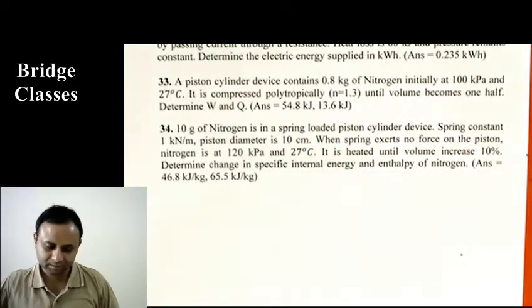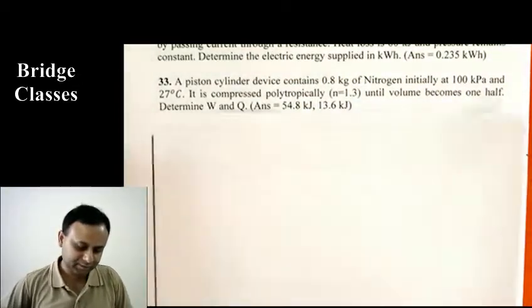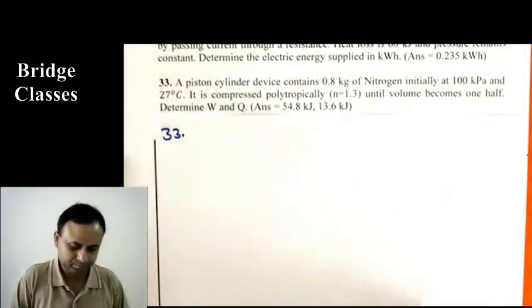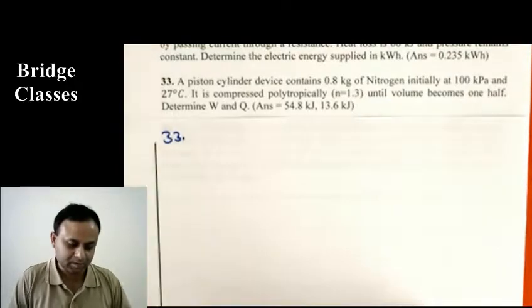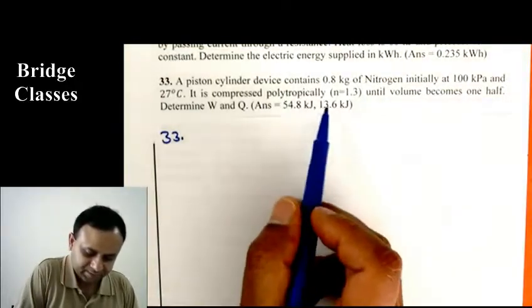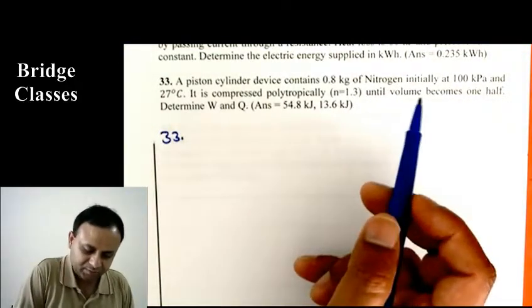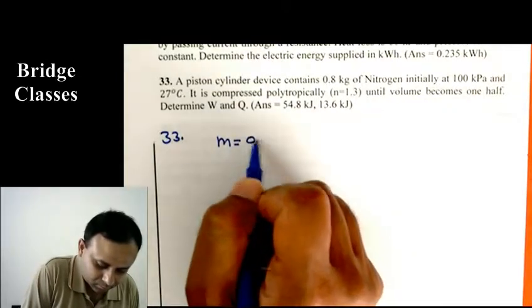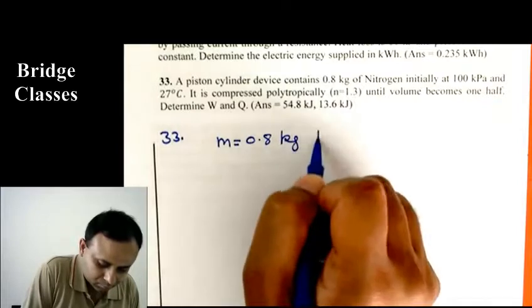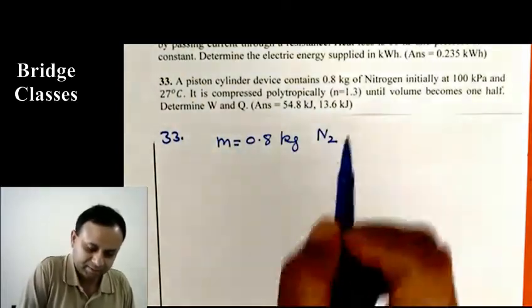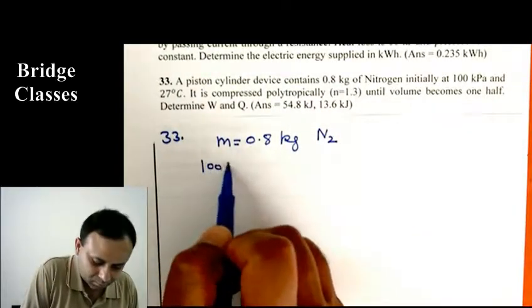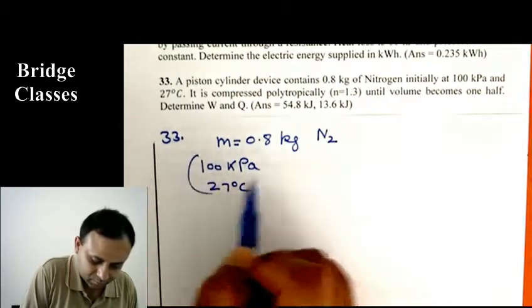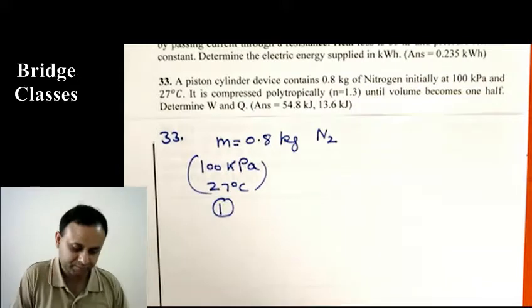Okay. Let us look at number 33. It says a piston cylinder device contains 0.8 kilogram of nitrogen at 100 kilopascal and 27 degrees C. So that is the initial state, state 1.